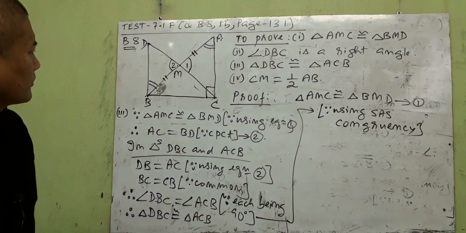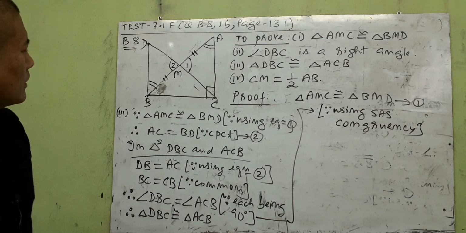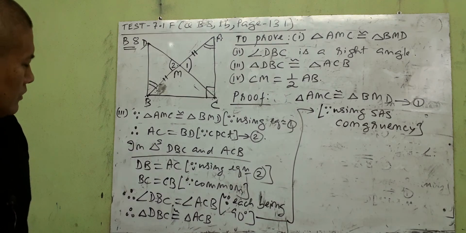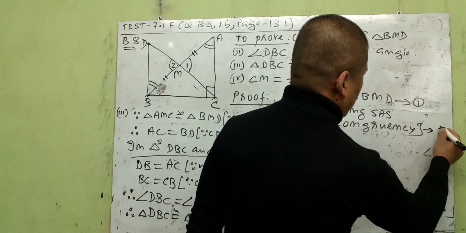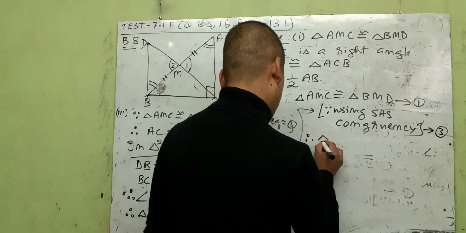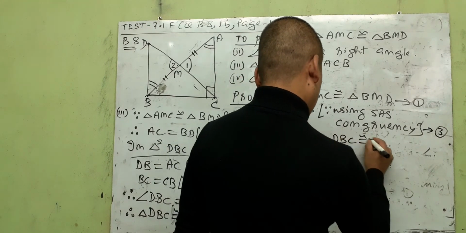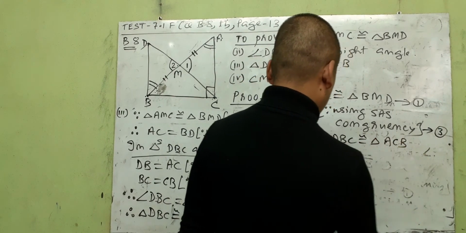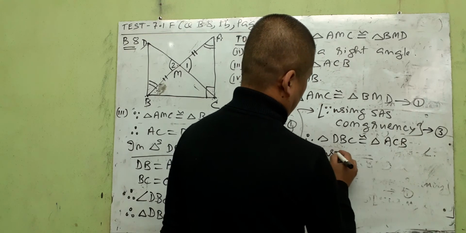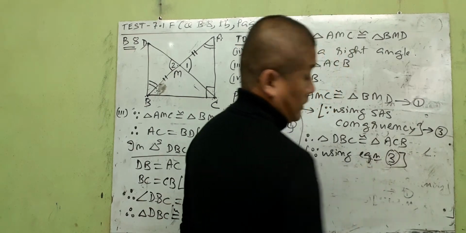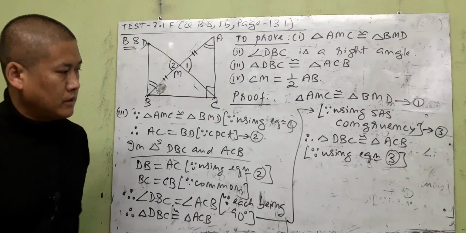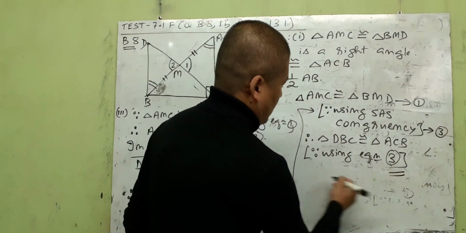Finally, CM equal to half AB. Let us put this one as equation number 3 and write once more. Therefore, triangle DBC is congruent to triangle SCB, using equation number 3. That's your answer. Now let us write once more.